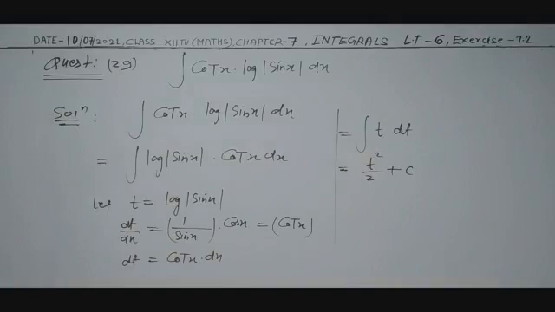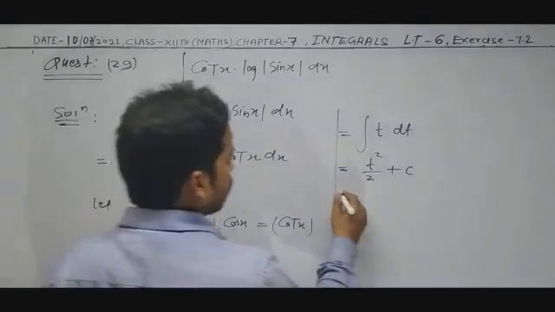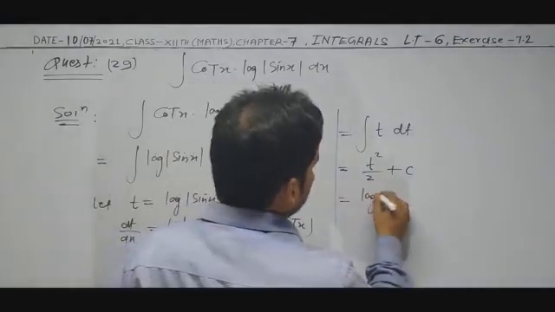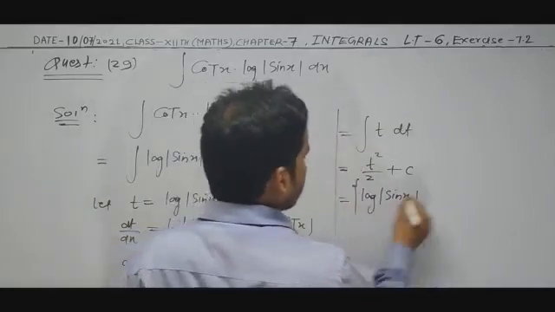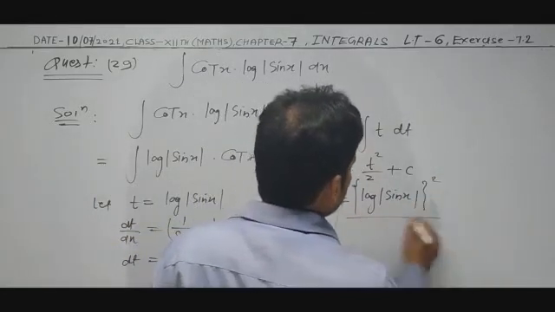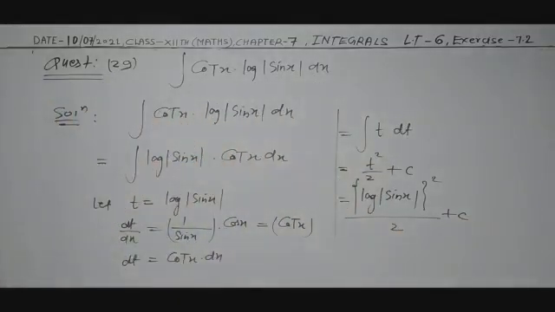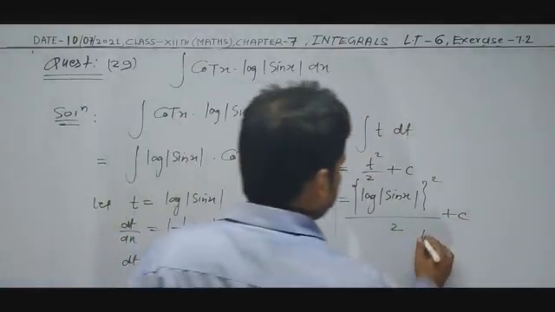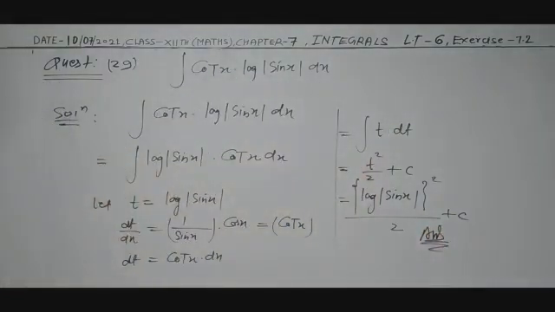So its answer, with t equal to log of sin x, is log of mod of sin x whole square upon 2 plus c. This is the answer. Now question number 29 is completed.